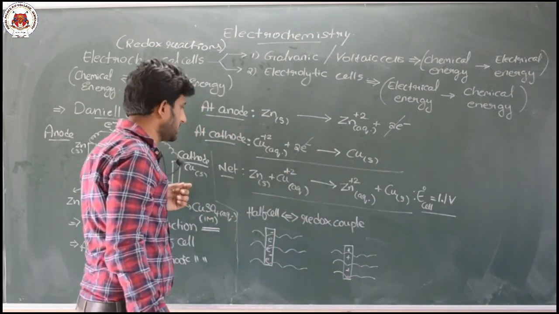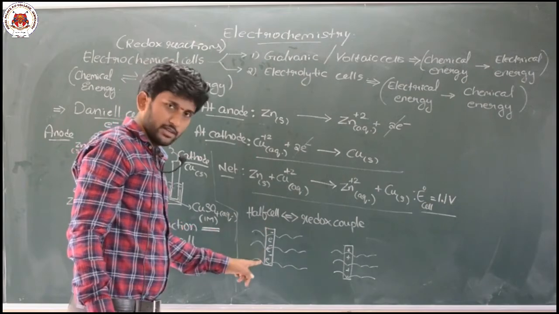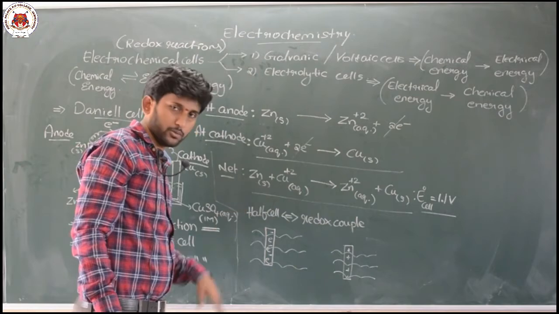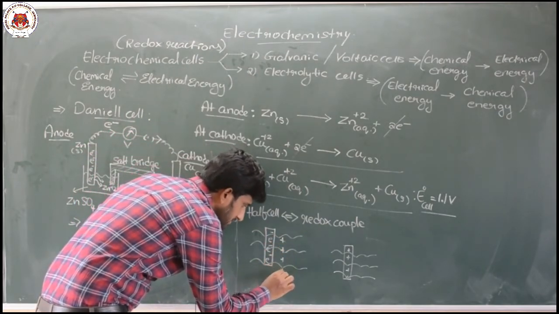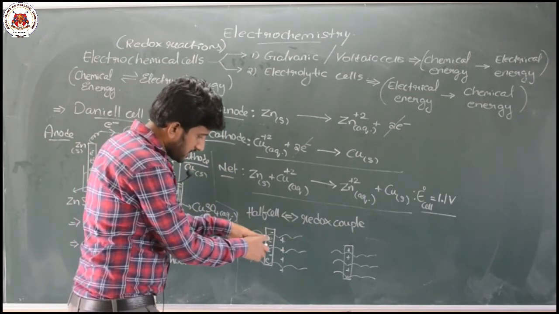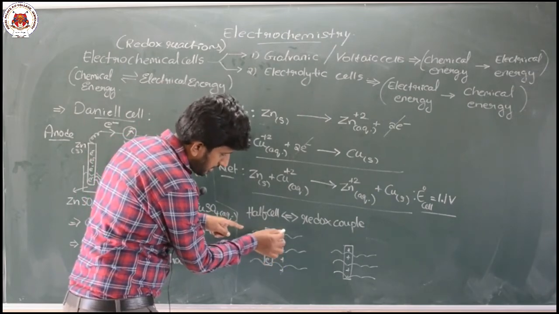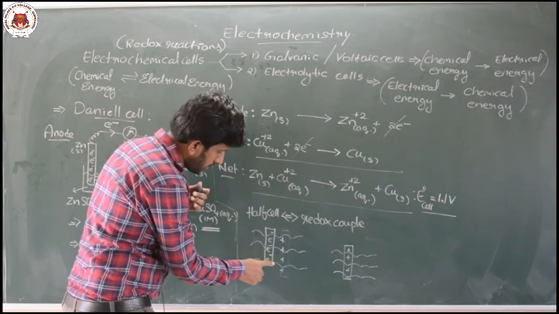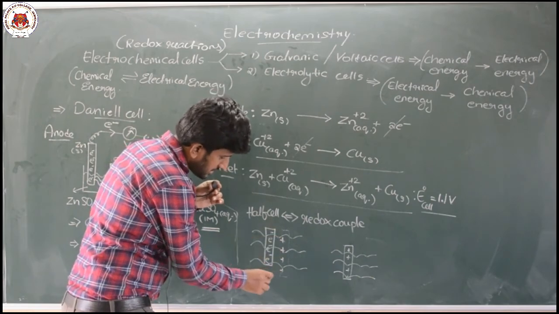That is, if oxidation takes place, then the electrode becomes negative with respect to the solution, and the solution acquires positive charge. Because electrons remain here, ions will go outside. So Zn2+ ions are outside now.